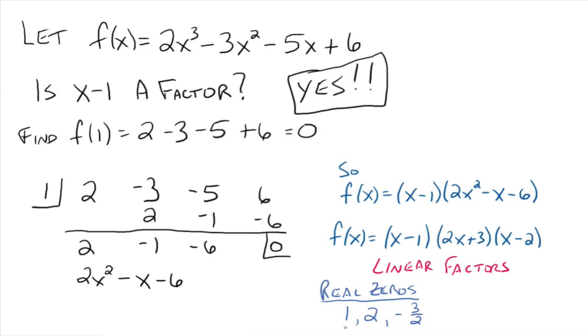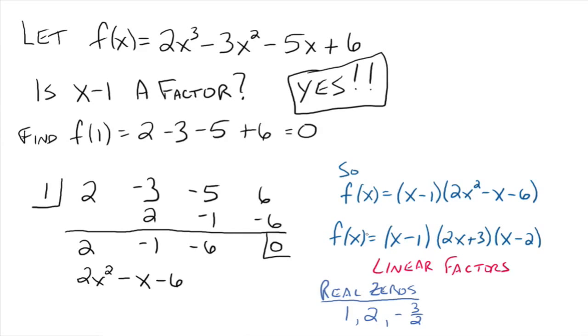All that means is if you take any one of these three numbers and plug them in for x up here, then the y value goes to 0. What does that mean graphically? That's right, this is where we hit the x-axis. If we were to graph this function, we would hit the x-axis at (1, 0), (2, 0), and (negative 3/2, 0).